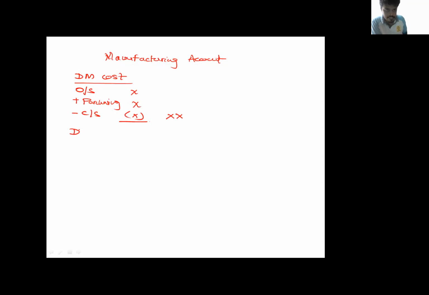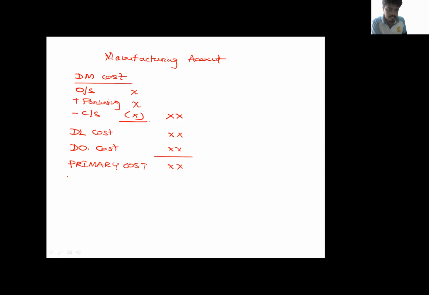Then we can add direct labor cost, and if we are having direct other cost, the total of this is known as primary cost.